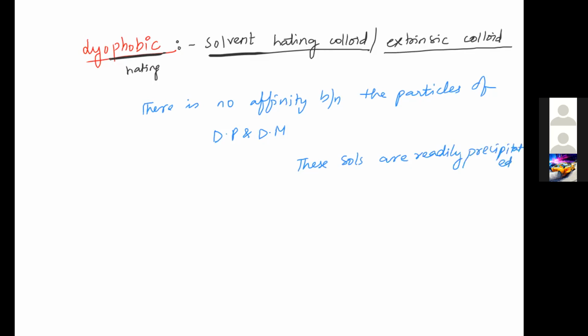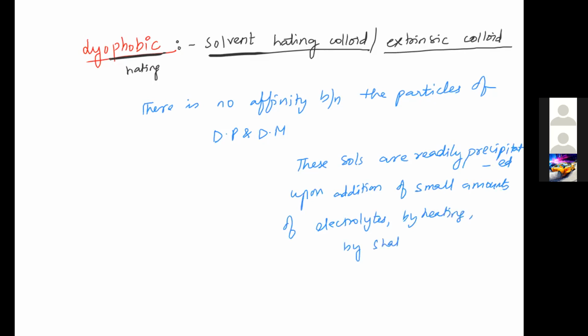As they have formed with great difficulty, they can be precipitated upon addition of small quantities of electrolytes, or by heating, or by shaking.